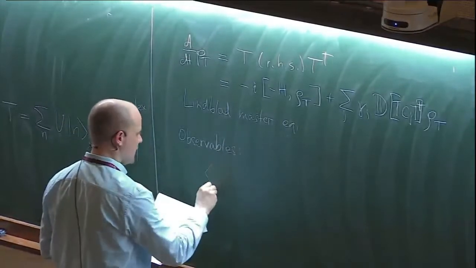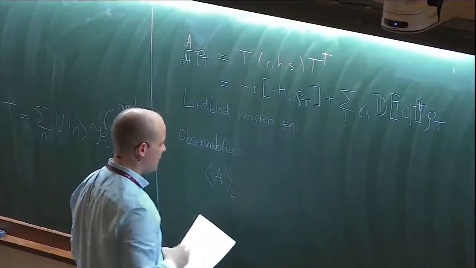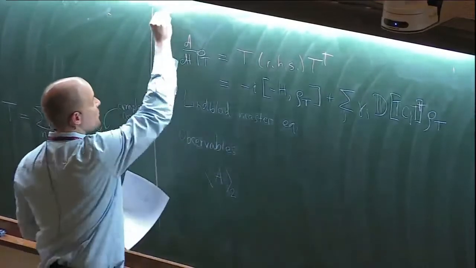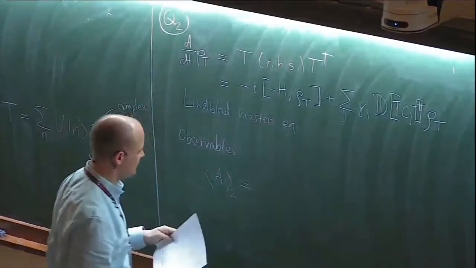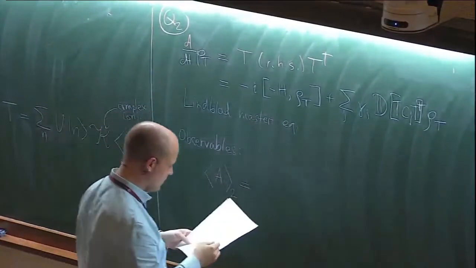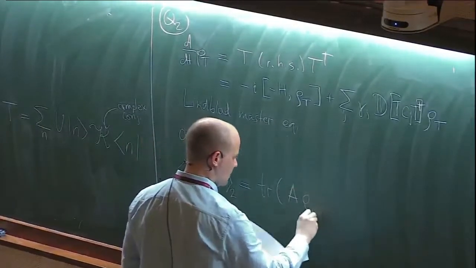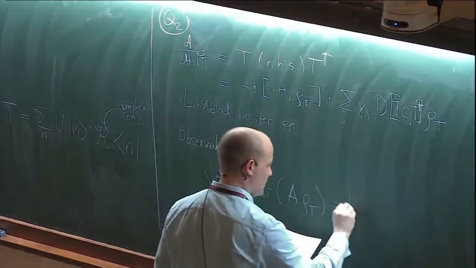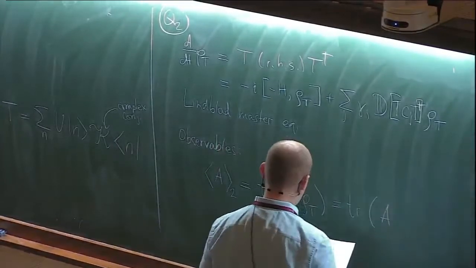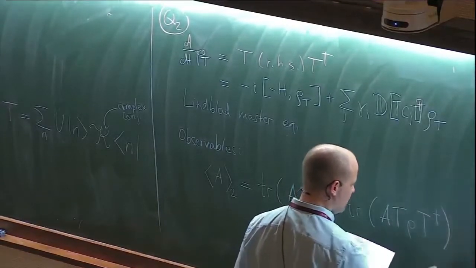So for instance, I could ask what this system number 2 does when I measure the observable A. So that would be trace A rho t. And now you can test whether or not you're awake.